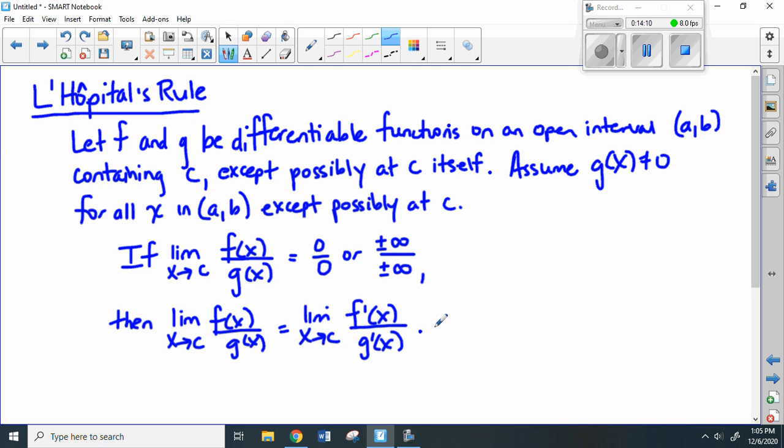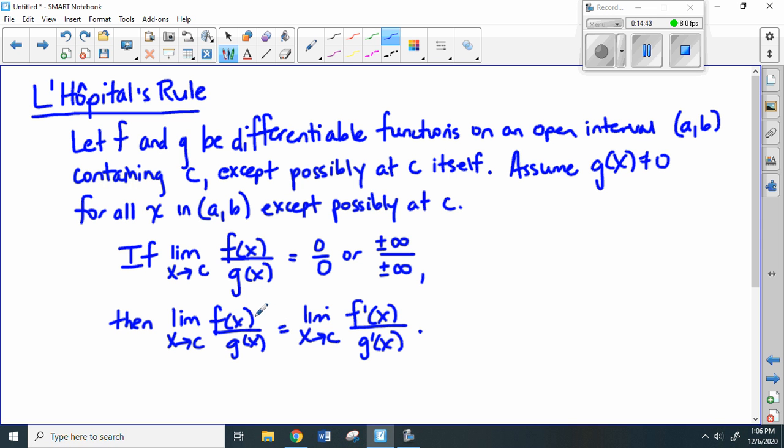Why can we say that one limit equals the limit of its derivatives? That goes back to local linearity. If I zoom in, I can approximate the top function at this point by its tangent line, and with limits you take the top and bottom separately.